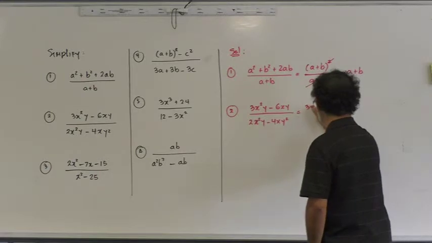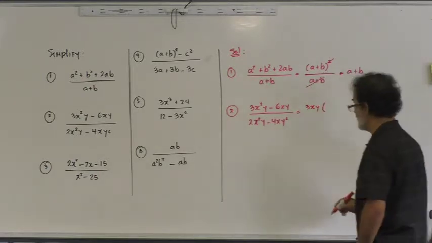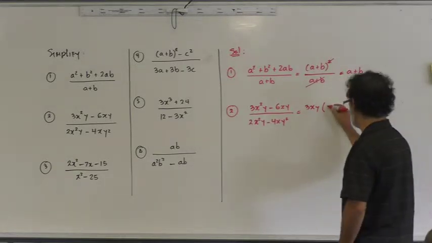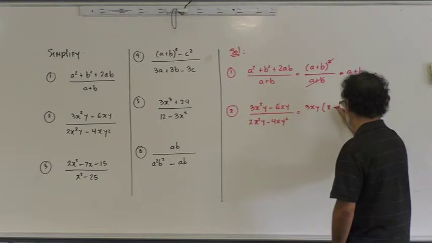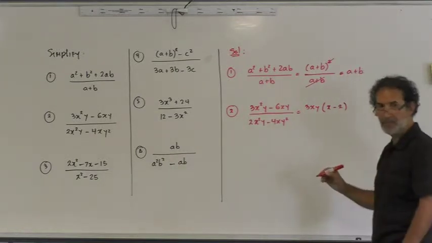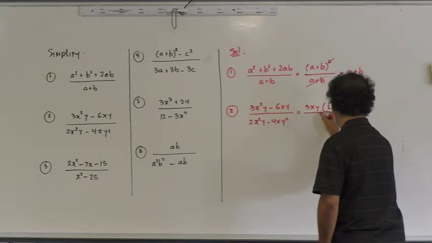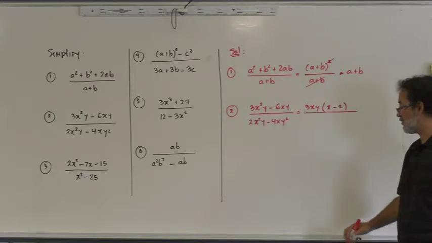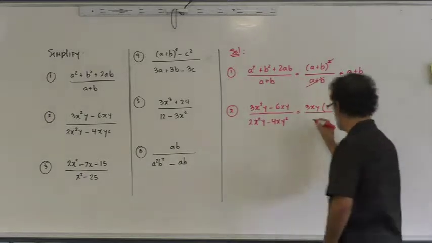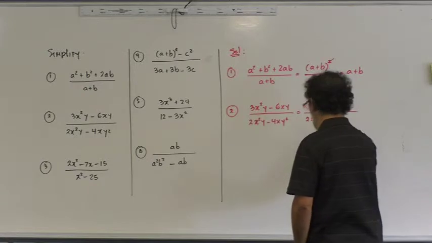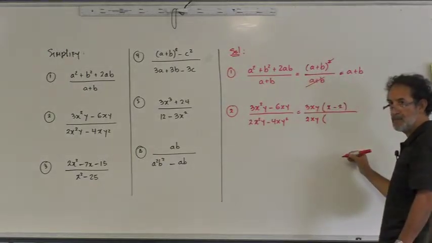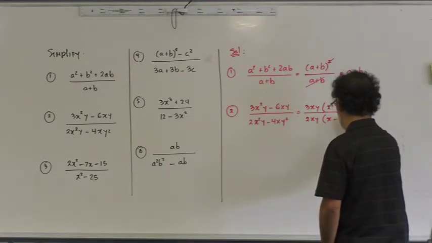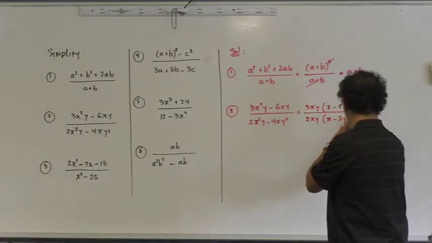3xy. So it's 3xy, and then in the bracket we're going to have x minus 2. That's all you can do on top. Now we're going to do the bottom line. What is the highest common factor between these two terms? 2xy. 2xy outside of the bracket, x minus 2y, like that.